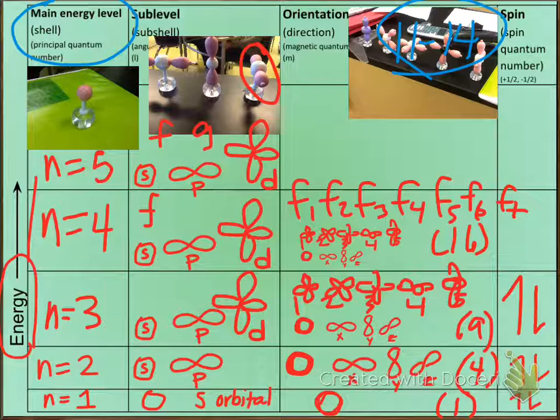Not going to do it. And guess how many ways there are to orient g's. You might guess this if you're seeing a mathematical pattern thus far. So we had 1 way to orient s's, 3 ways to orient p's, 5 ways to orient d's, 7 ways to orient f's, 9. There are 9 g orbitals, and I'm not drawing the letter g 9 times.